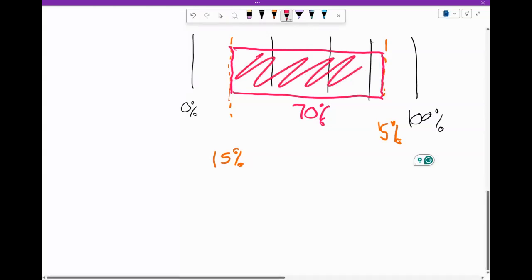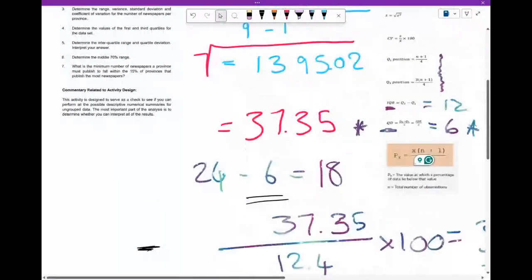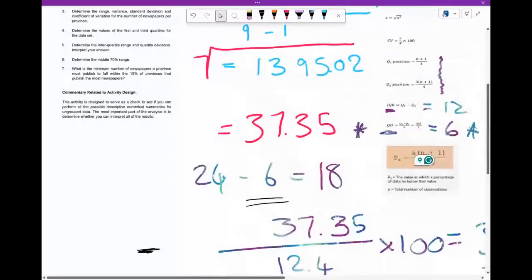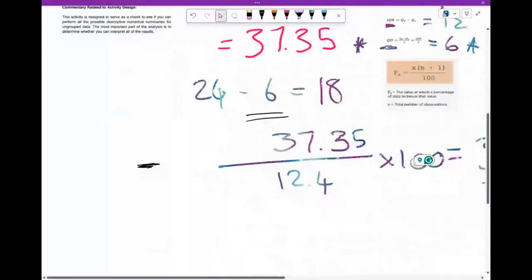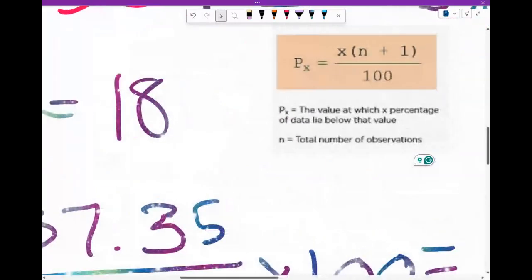This is what we want. We want this data. Okay? So we then go to our formulas. Now, if they just wanted 70%, would be easy. We would just take this percentile formula here. Can you see it? And their Px is the value at which x percentage of data lie below that value.